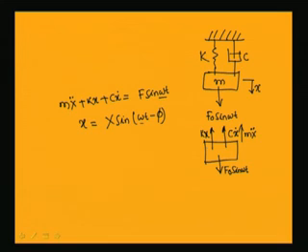So, let me draw this force polygon. Let me take a reference line. The external force is at an angle omega t from this reference line. I am just plotting only the magnitude of all the forces. The spring force is k x, so this magnitude will be k capital X and I can draw that force.